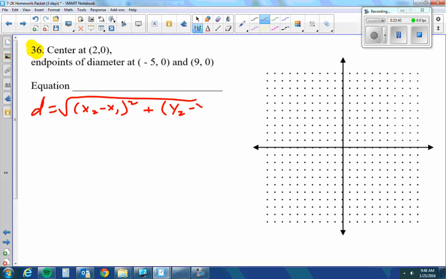And you should just know distance formula, because it's really just Pythagorean theorem. In reality here, what is the distance between those points? 14, right? So the diameter is 14, the radius is 7 in this problem.